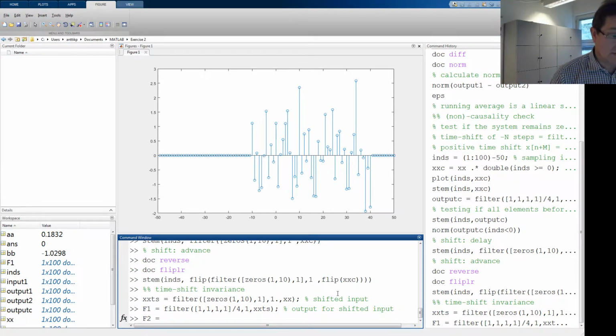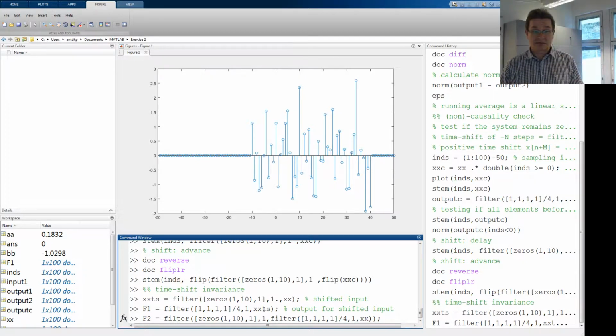Time shift. What is that point doing here? And then there. Original signal time filtered, and then this one time shifted.